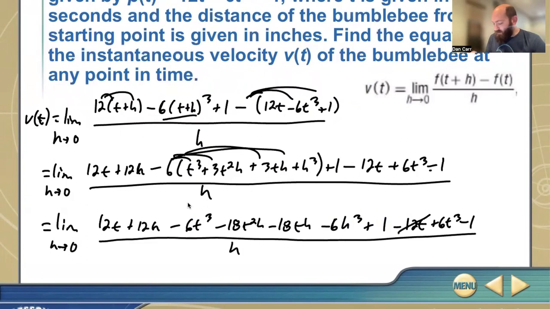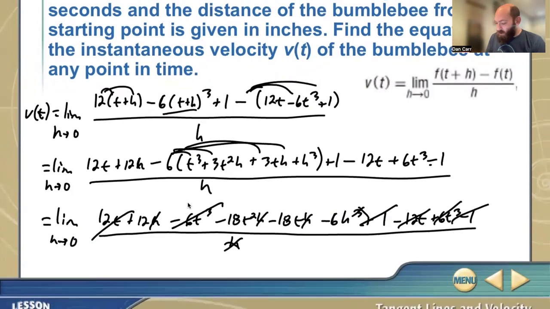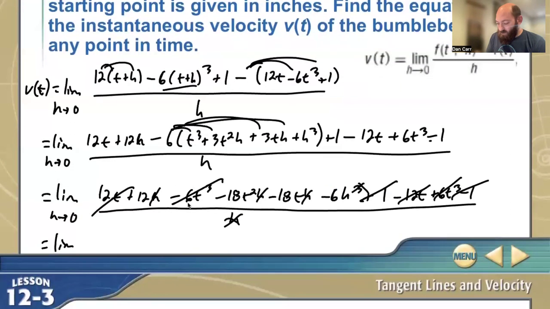Then we can get rid of the 12t's, the 6t cubes, and positive and negative 1. I have an h, and then an h cubed, which all goes away there. What's left is the limit as h approaches 0 of 12 minus 18t squared minus 18th minus 6h squared. Almost there.